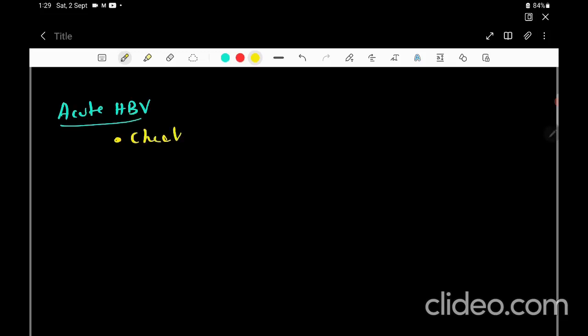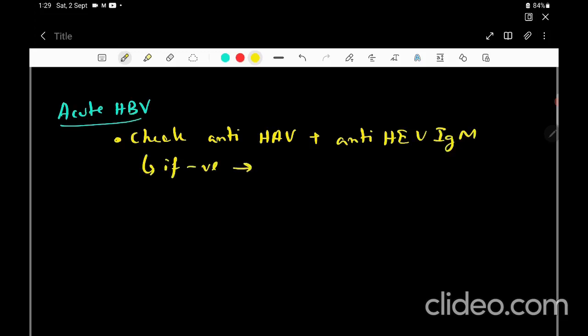First check anti-HAV and anti-HEV IgMs. If negative, check for anti-HBc IgM.